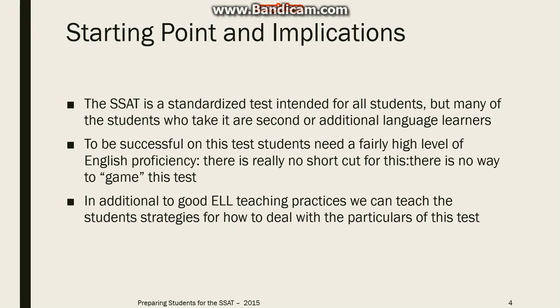Because the test itself is not intended to test second language ability. What it's really intended for is to give schools an idea of where students are at. And it doesn't take second language acquisition into account. So much of this video will be aimed at second language learners, because these tend to be the students who are most often taking the SSAT test.